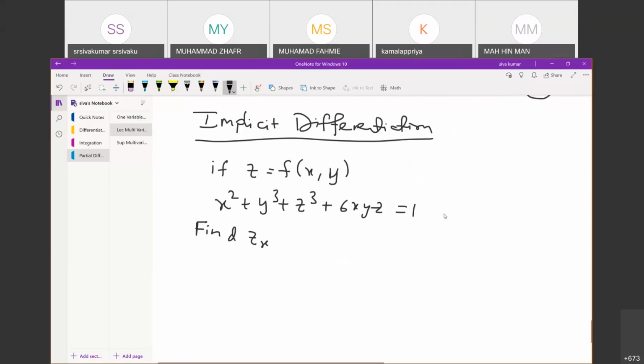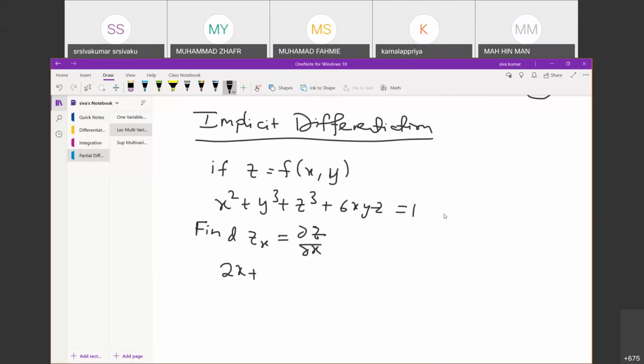Differentiating with respect to x, I start with 2x, no problem with that, and the right side is a constant. I'm looking for del z to del x.